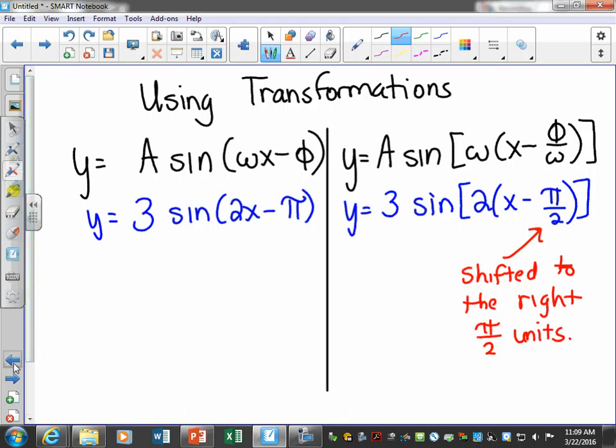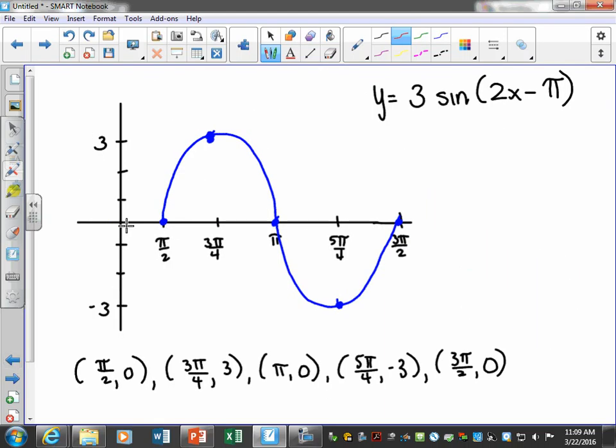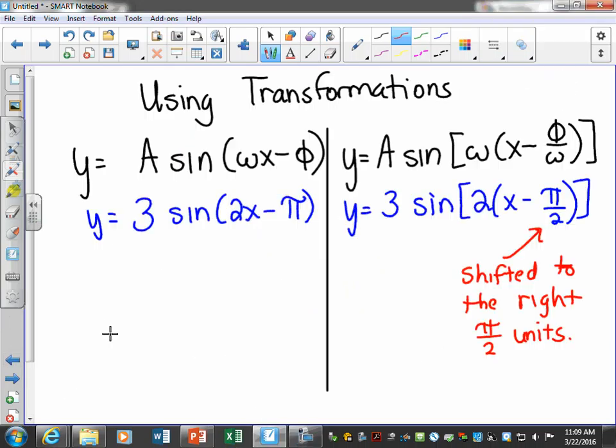Okay, so let's see what happens. Basically, it's a sine graph, amplitude 3, but instead of being at 0, 0, we picked it up, moved it to the right pi halves units, and then it's the same exact graph. And we kind of talked about that at the beginning of class a little bit.